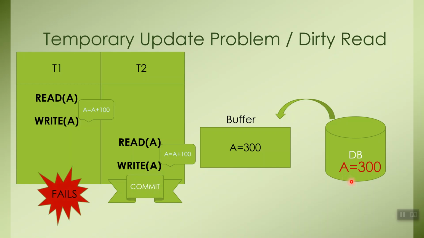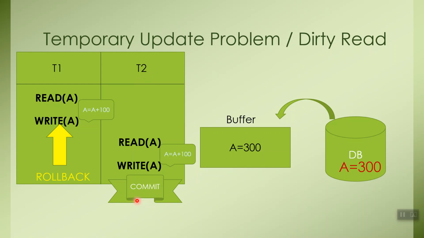Now later on, what happens is the T1 transaction fails. Whenever a transaction fails, what we do is we roll back all the changes that have been done by that transaction. So all the changes done by T1 are rolled back. Up till then, this transaction T2 has already committed. Now what is the problem in this execution?